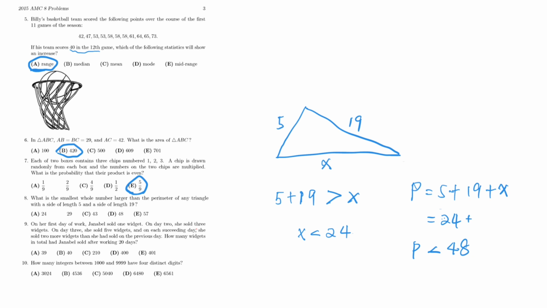They ask for the smallest whole number larger than the perimeter of any such triangle. Because the perimeter is less than 48, 48 is the smallest whole number larger than the perimeter. So the answer to number 8 is D.